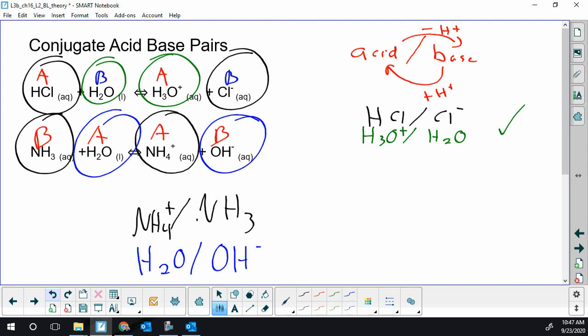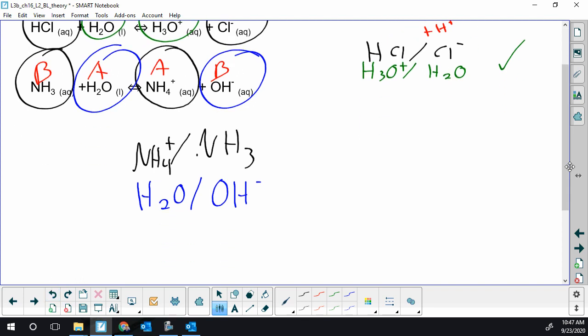So that's the second conjugate. So you should be able to take a balanced acid-base reaction and predict the conjugates. You could be asked just to flat out predict the conjugate. I could give you a base and tell you what is its conjugate. And all you need to do is add in another H and up the charge by 1. So the P, the O, the 4 isn't going to change.